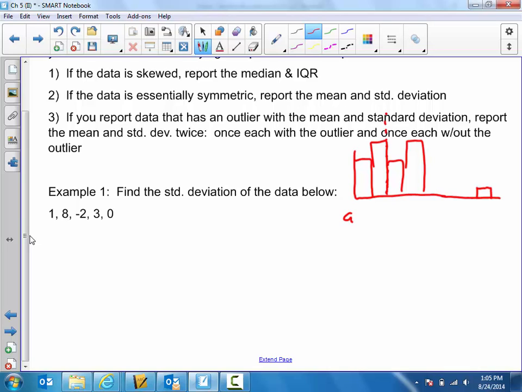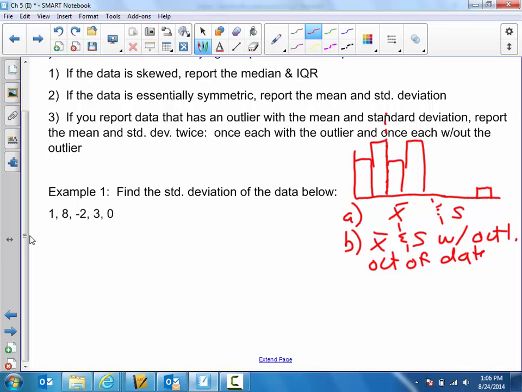Through here, you're seeing basically the same thing up to the left and the right. You would report the mean and standard deviation, or to use the notation we'll see more frequently, x bar and s, but then you also report x bar and s with the outlier out of the data set.